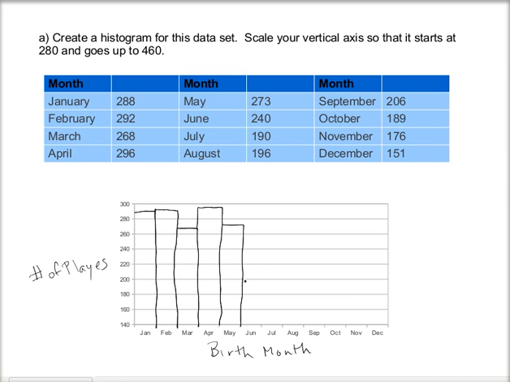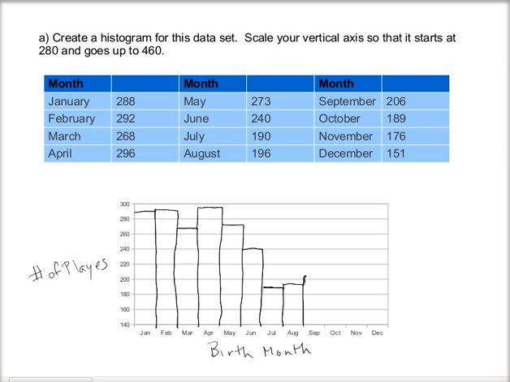For June, it starts to drop off, and I've got 240 players born in June. For July, I've got 190, which is right there. For August, I've got a few more, 196. September has 206.